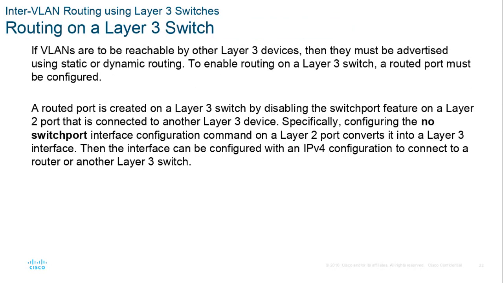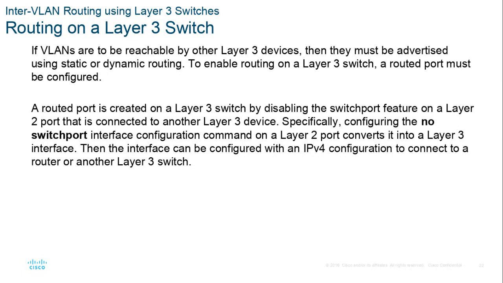Now, if we do want to do some routing on the layer 3 switch, since the layer 3 switch incorporates all the functions of our separate $500 Ethernet switches and our separate $1,000 Cisco routers, we can do routing as well. We can do static routing, we can do dynamic routing, and we can create a port that goes to other parts of the network by, as previously mentioned, changing it from a switch port, which can be either an access port or a trunking port that goes to a switch, or an access port that goes to a separate PC.